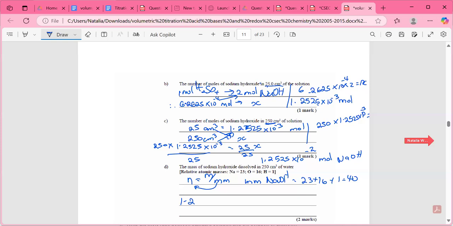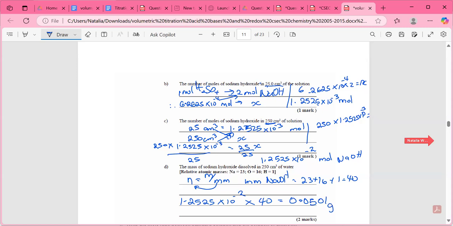So 1.2525 times 10 to the negative 2 multiplied by 40 is 0.0501 gram.